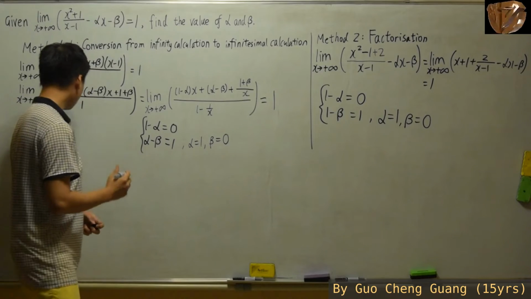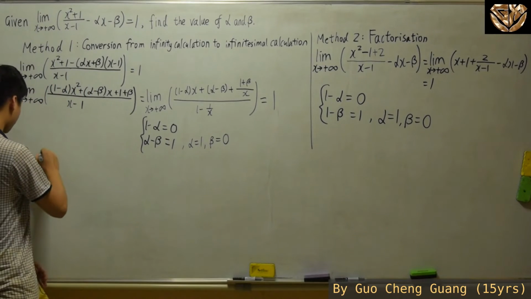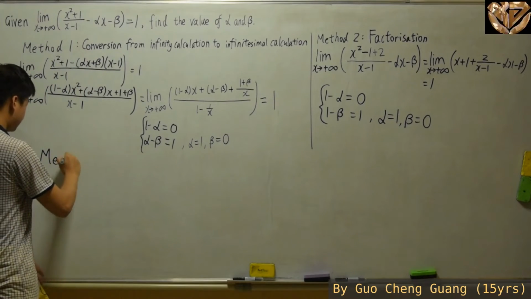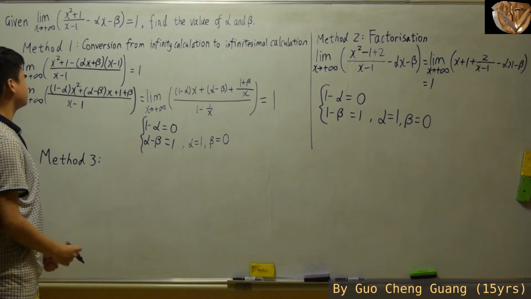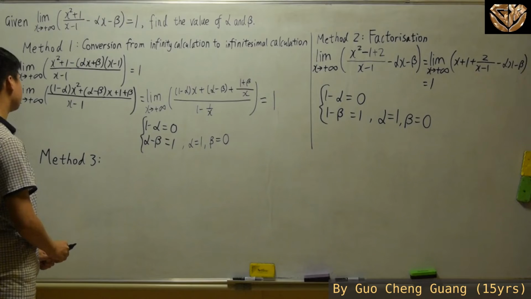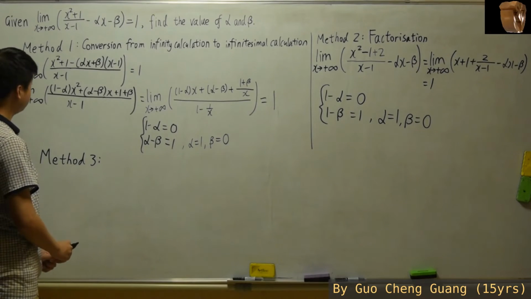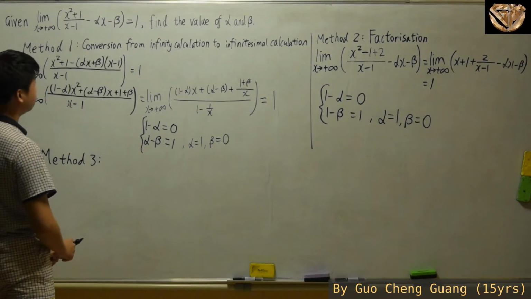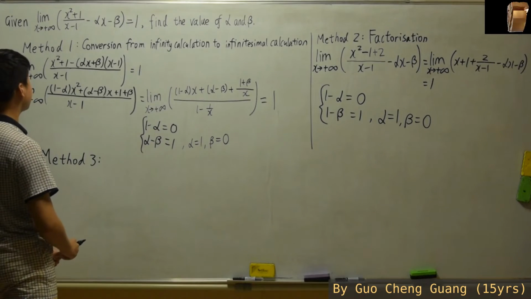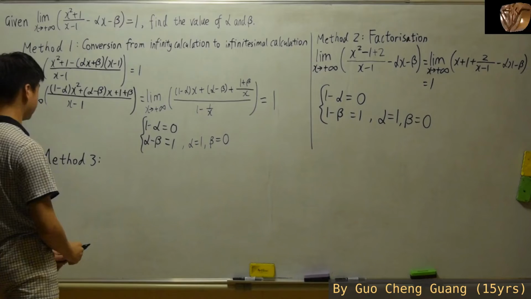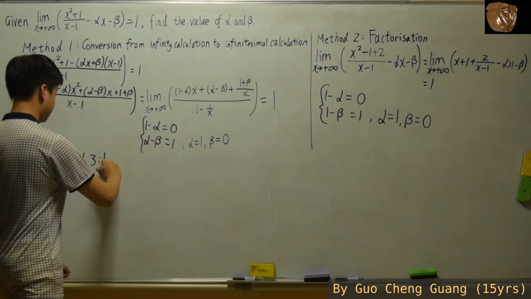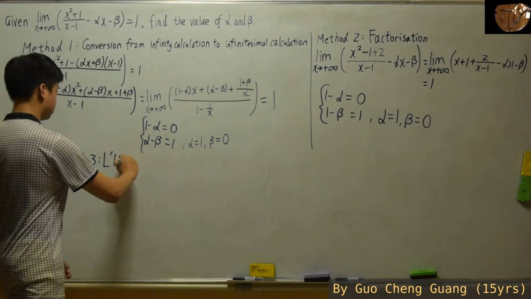In this method, it will probably be one of the most common methods you might see, since it is a very convenient method. Well, it depends on you. The only thing about the third method is you will have to combine them once again into a single fraction. So in the third method, we'll be using L'Hopital's rule.